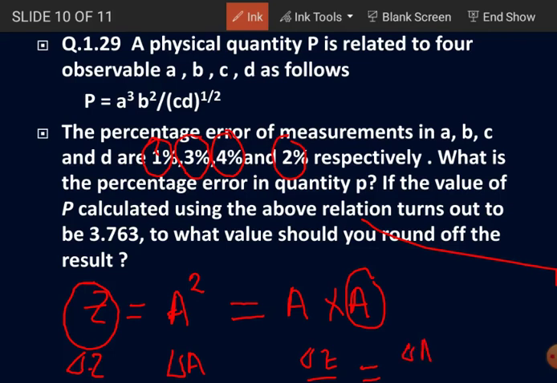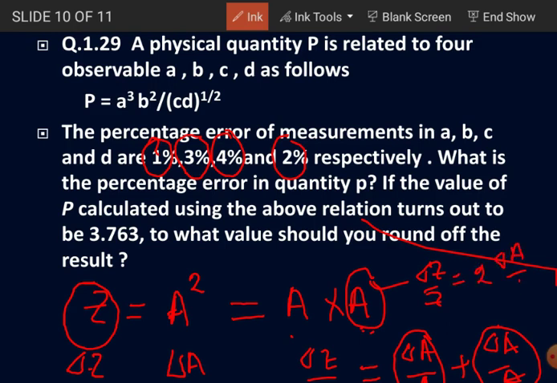Here also, delta A by A plus delta B by B. Instead of delta B by B, we are having A, so it will be delta A by A. You take it this for A and the same for B. Instead of B, we are having A two times. That is why I'm having delta A by A instead of delta B by B. So your relative error delta z by z will be equal to 2 times delta A by A.